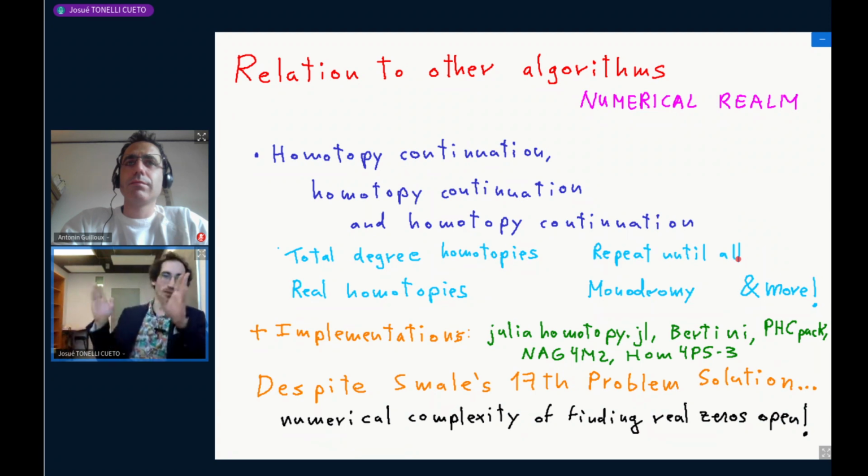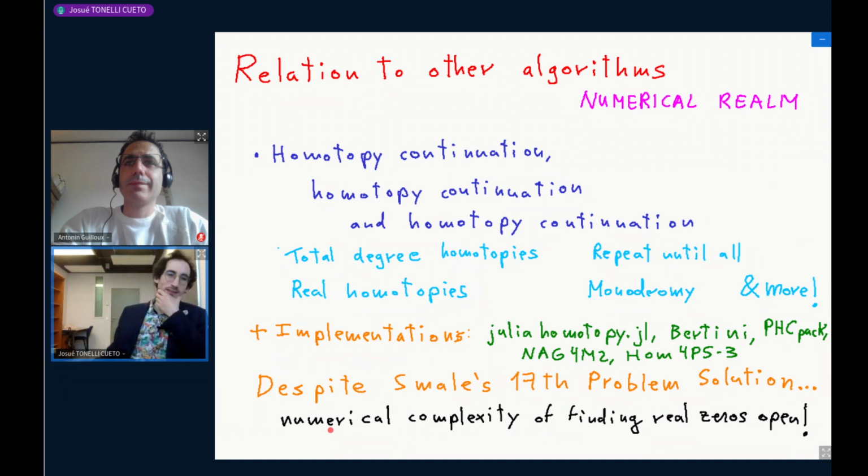If not, you repeat again the process until you find all roots, until you find all zeros. So yeah, in general, the idea will be you use homotopy continuation to find all complex zeros, and then you select the real ones. So here we will have the implementations, so Julia HomotopyContinuation, Bertini, PHCpack, in Macaulay2, and other packages.